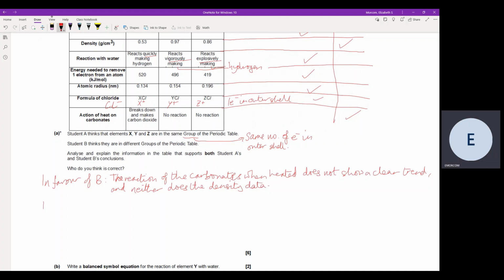In favor of A, so let's do the trends first.